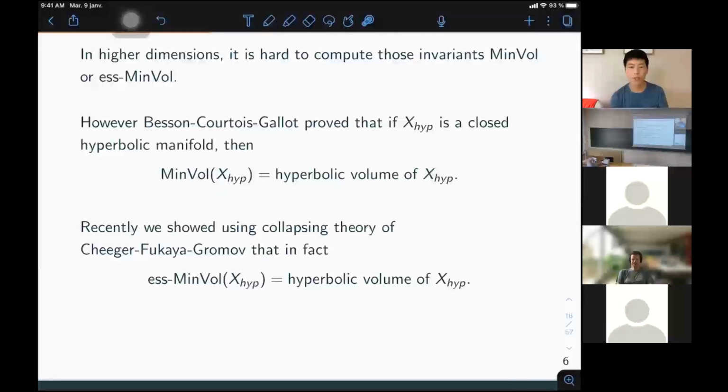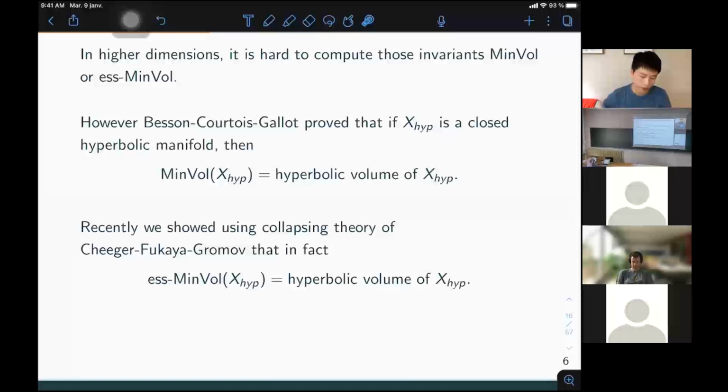So these are two cases where you can compute the minimum volume or the essential minimum volume. In general, it's not really possible because it's such a rough invariant, using this condition that the sectional curvature is lower bounded and upper bounded.